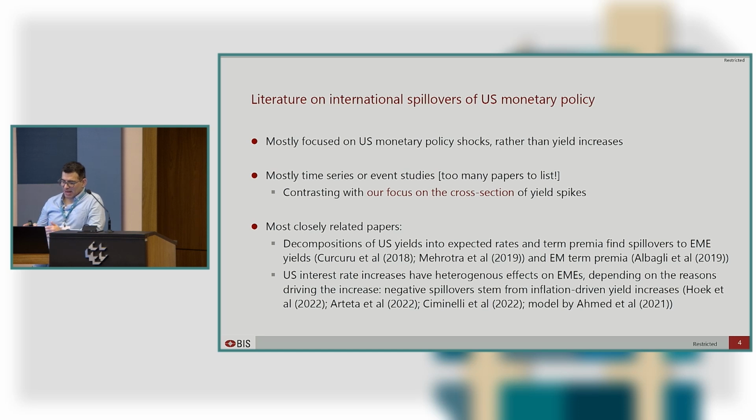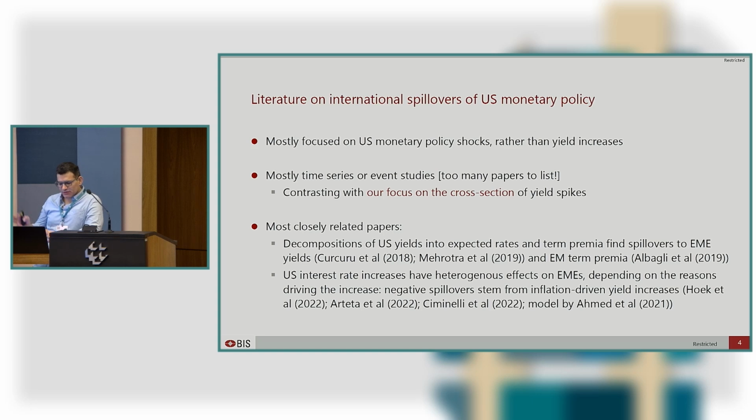And the paper by Albagli et al. in the Journal of Finance, which finds an important spillover of increases in US term premia to increases in term premia in emerging markets.